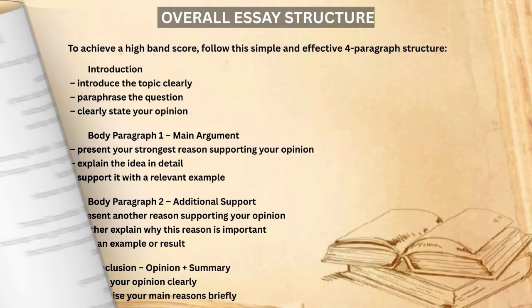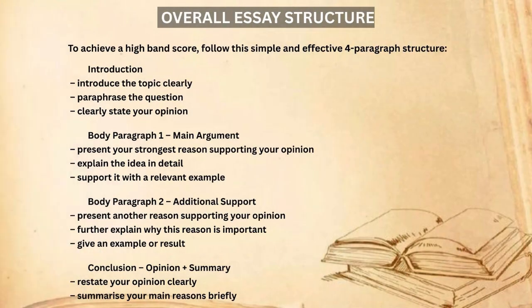To achieve a high band score, follow this simple and effective 4-paragraph structure. First is the introduction. Introduce the topic clearly, paraphrase the question, clearly state your opinion. Second, body paragraph 1, main argument. Present your strongest reason, explain the idea in detail, support it with a relevant example.